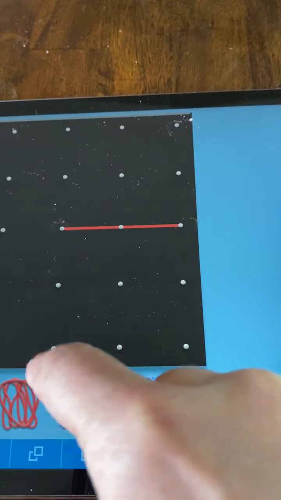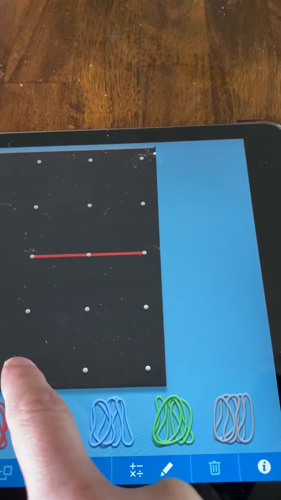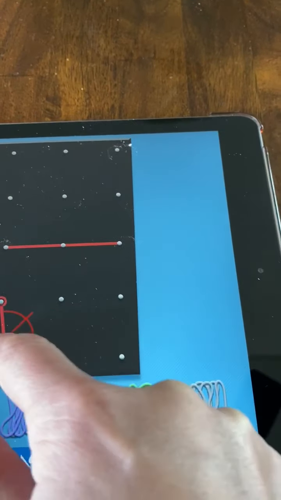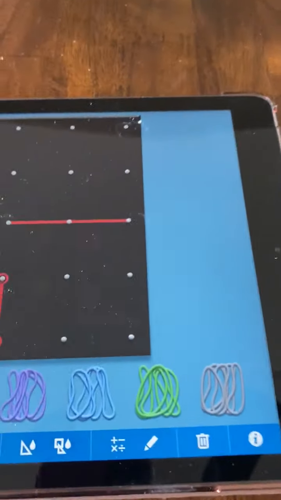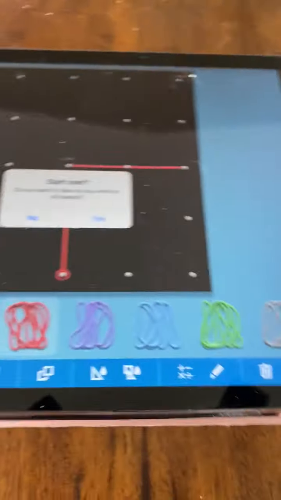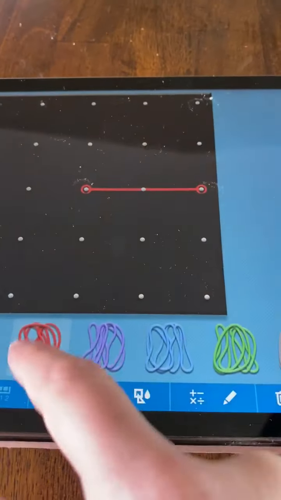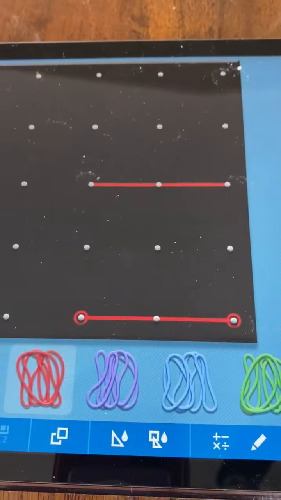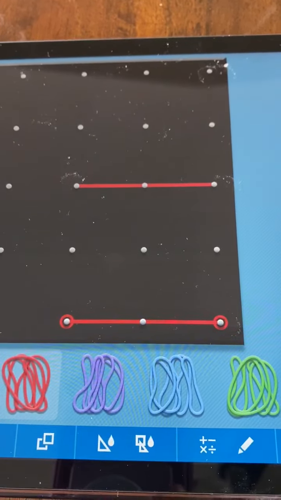So 1, 2, and it's parallel, meaning it's a line across, and it will never ever meet, and it's the same length. Oops, that's not what I wanted, guys. I don't want to clear my whole board either. I guess I will. I want it to be parallel. There we go.